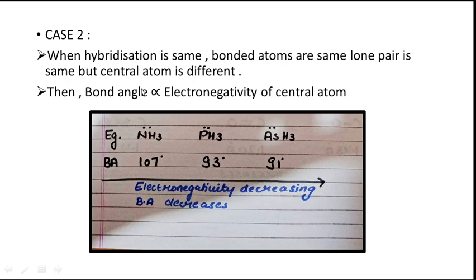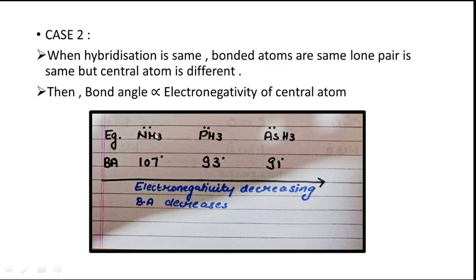Case number 2, when hybridization is the same, bonded atoms are the same, lone pairs are the same, but the central atom is different. In that case, bond angle will show a direct relationship with the electronegativity of the central atom. In this example, we have taken a group: nitrogen, phosphorus and arsenic.